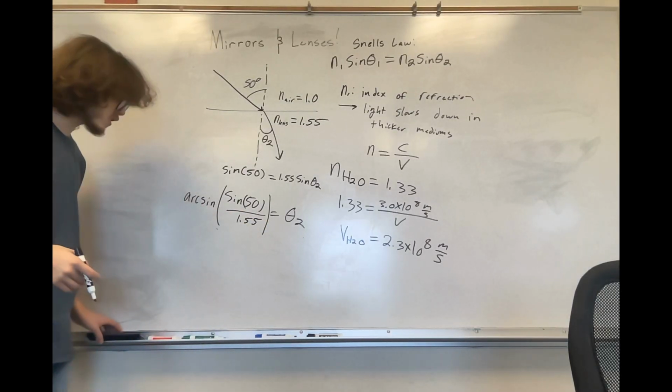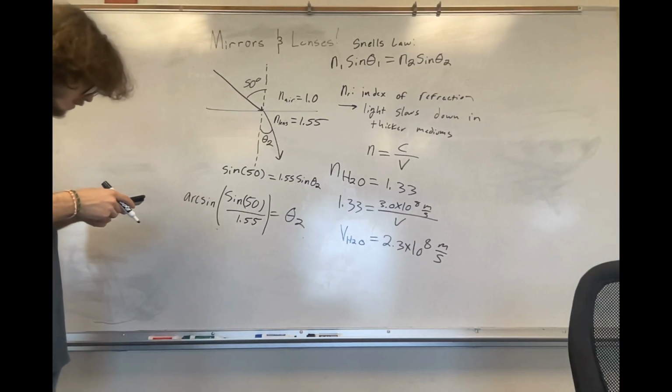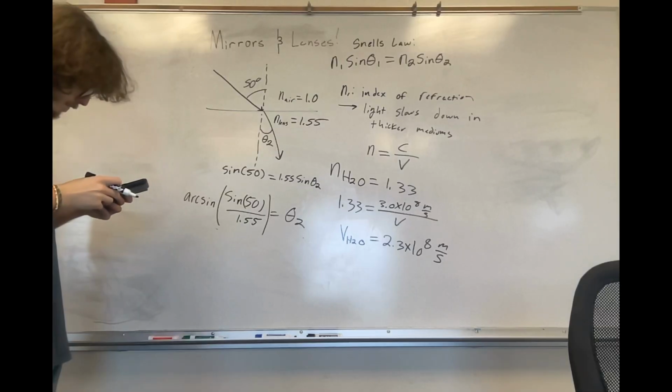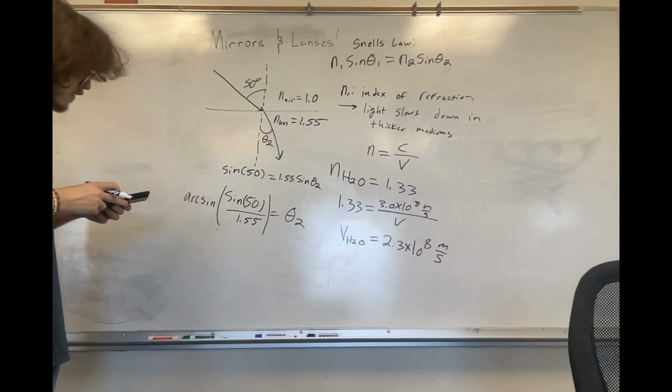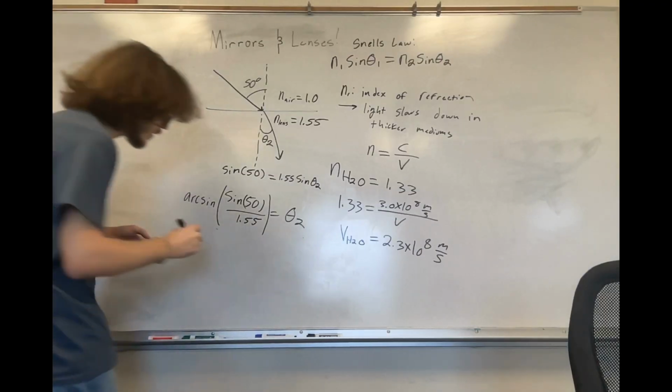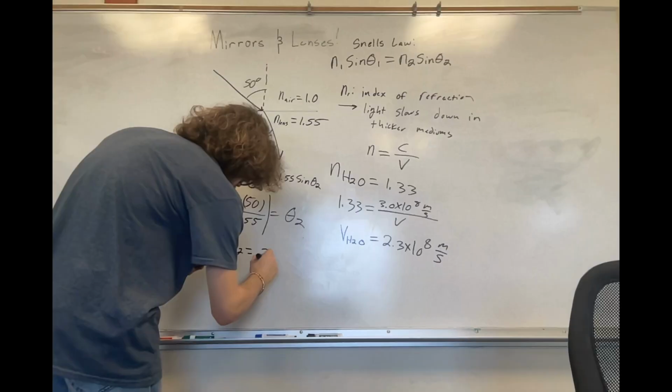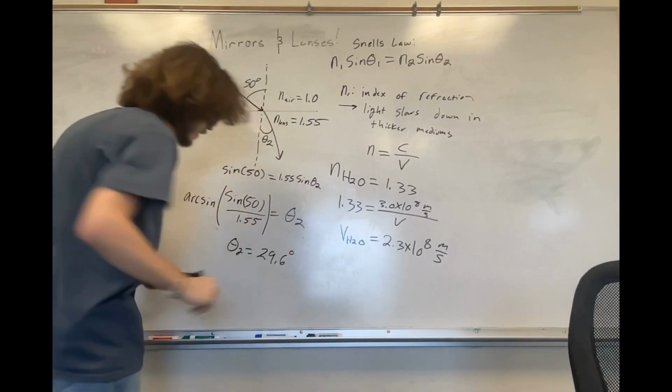So let's see what theta 2 would be. So we find theta 2 to be roughly 29.6 degrees, okay?